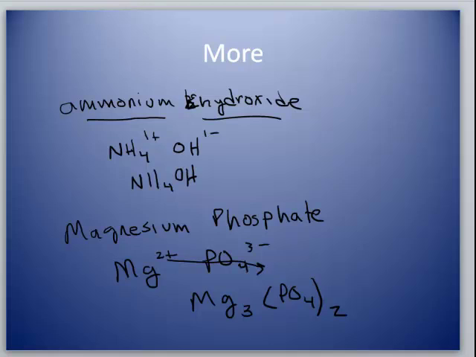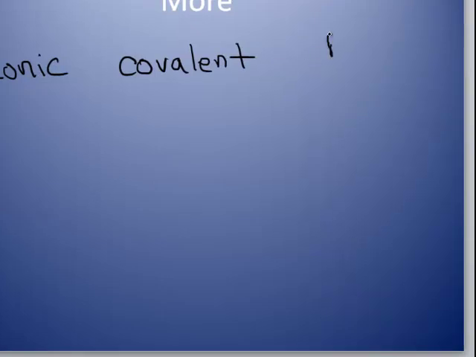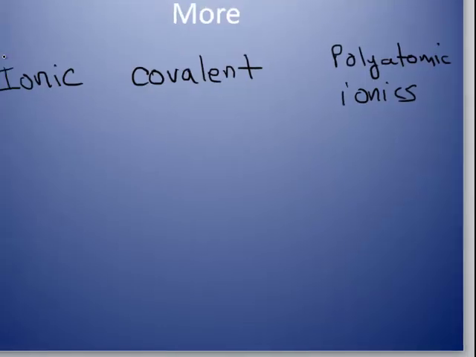Okay, let's wrap this up and just do a little bit of review of the three types of naming that we've done so far. So far we have talked about ionic compounds, covalent compounds, and then what we'll call polyatomic ionics. Now remember, the first type of ionics we talked about were metals and nonmetals.